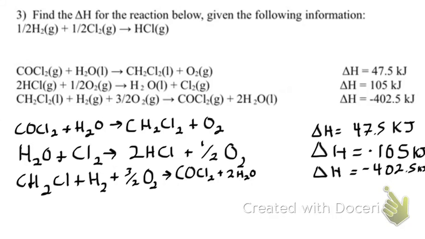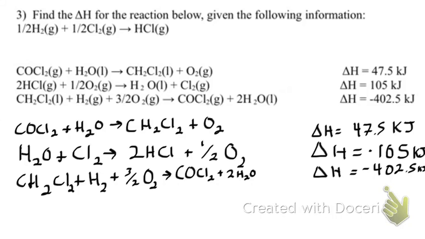But if we multiply the bottom two equations, oh sorry, I just saw something else. What a rookie. That is CH2Cl2. Because we multiply this equation by 1/2 and this equation by 1/2, and we have a CH2Cl2 here and a CH2Cl2 here that we're going to need to cancel out, we're going to have to multiply every equation by 1/2.